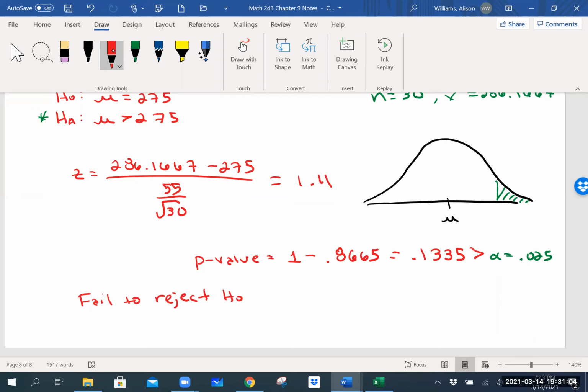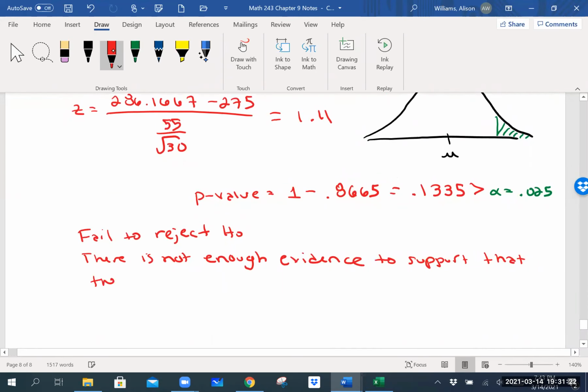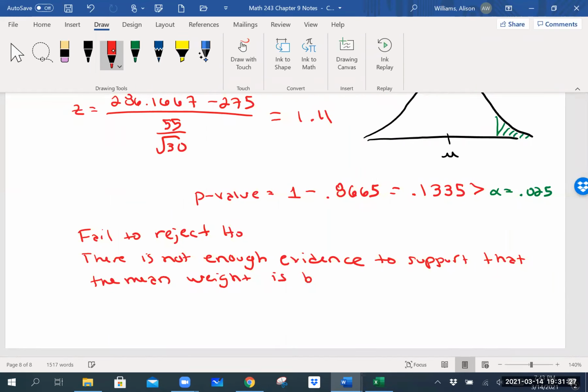What we're saying is there is not enough evidence to support that the mean weight is bigger than 275. And I'll put pounds since that's the measurement we're working in. So we think that they don't have enough evidence to say that the coach was wrong.